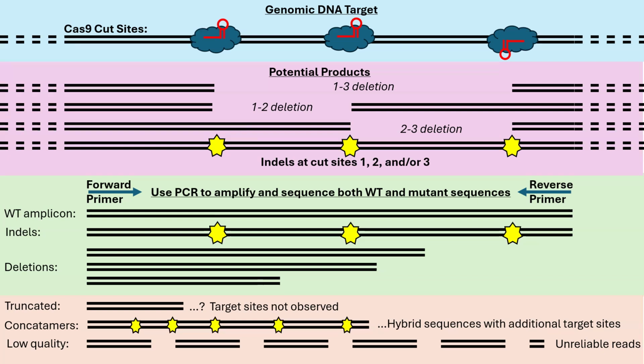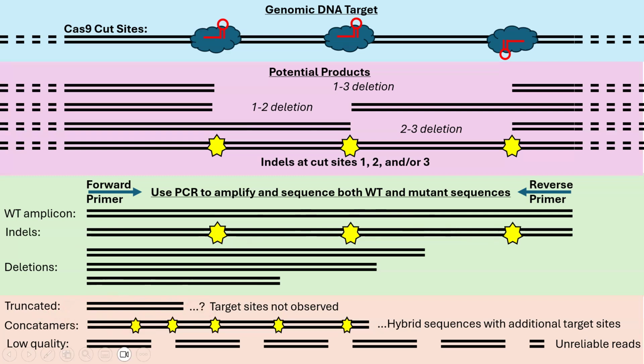But with that in mind, when you use nanopore sequencing to analyze these amplicons, there's going to be some garbage that's included in those reads. So you're going to get some reads that are just way too short. They're truncated, so they don't even include any of these target sites. So they shouldn't be included in the analysis because they're largely inconclusive. You don't know if the rest of that sequence would have been mutated or not. You may also see concatemers here.